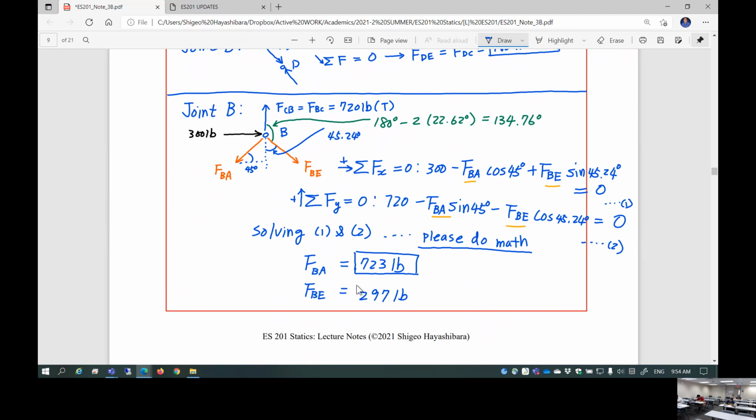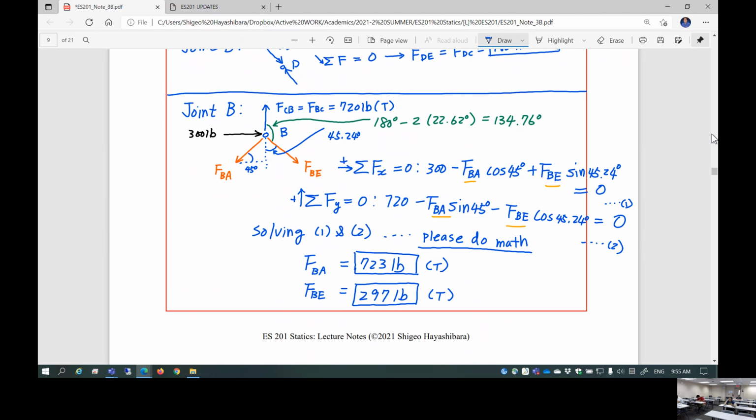Please do it by yourself and confirm. Obviously, these are both positive, so the direction of the internal loading is as originally assumed. So FBA is tensile. FBE is also tensile.